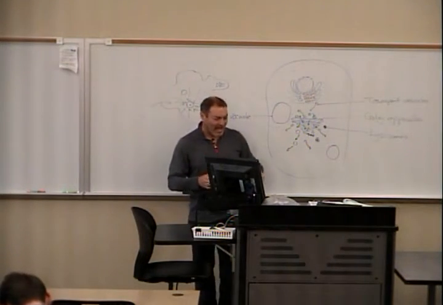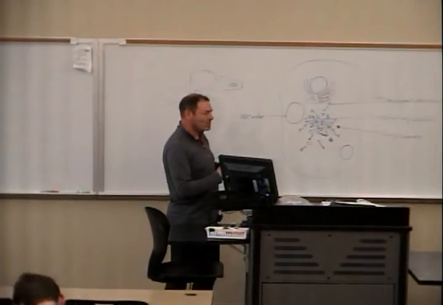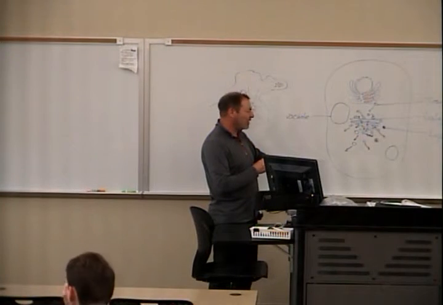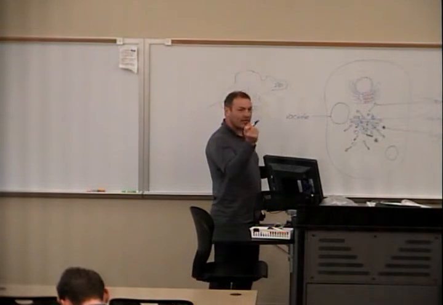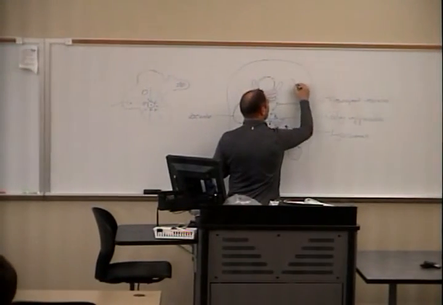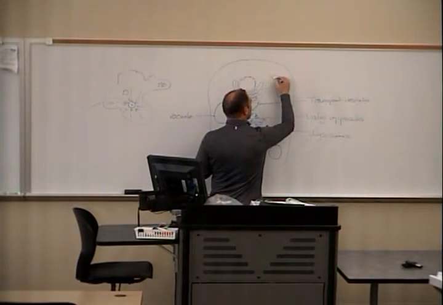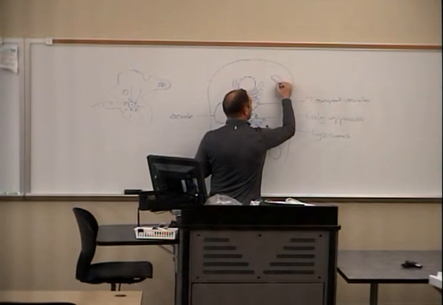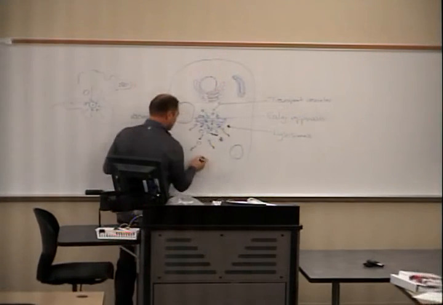All right, so I want to add one more organelle to your diagram. I want to add the mitochondria, okay? Again, I'm going to draw it in blue because it's membrane. I'm going to put one up here. And I'll put another one down here.